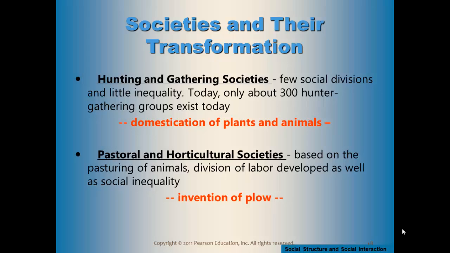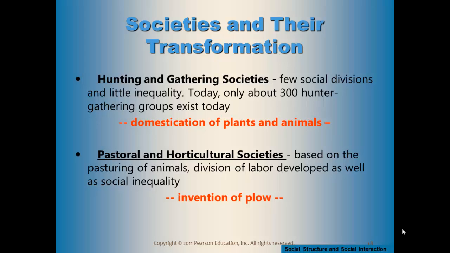We talk a little bit about societies, which I think is really the largest group that is studied in sociology. When you look at macrosociology, what we're looking at is a society and what makes society run.